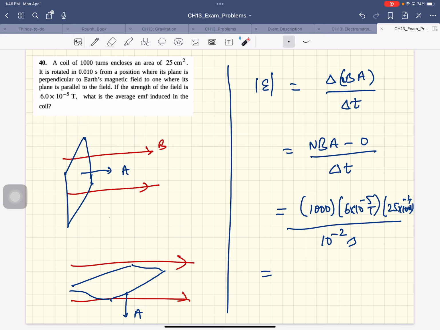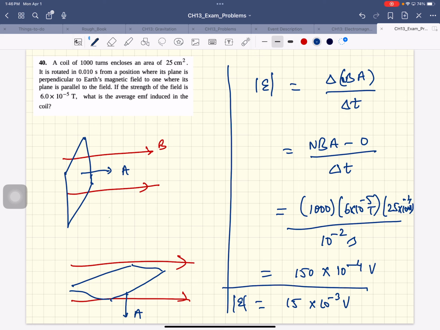All right, so that's 10 to the minus 9, 10 to the minus 6, and 6 times 25 is 150, 9, 6, minus 4, 150 times 10 to the minus 4 volts. 15 times 10 to the minus 3 volts. Okay, so the induced EMF is 15 millivolts.